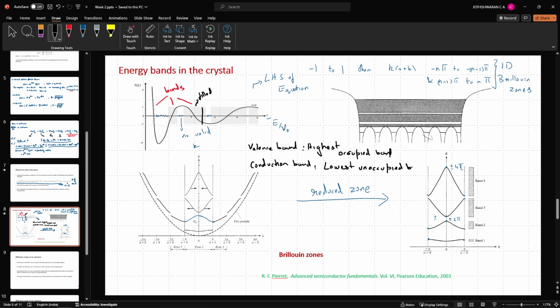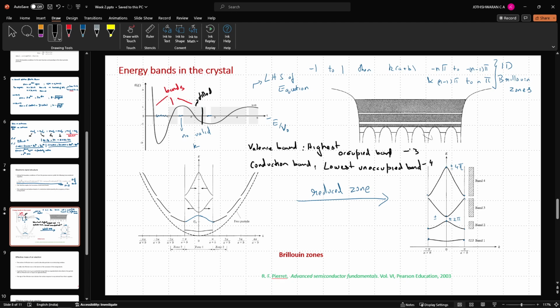So in this case, the highest occupied band is band number... okay, so we are calling this zone 1, right? Fine, yeah. So this is the first band, second band, third band. In this particular case, the valence band is 3 and the conduction band is 4.